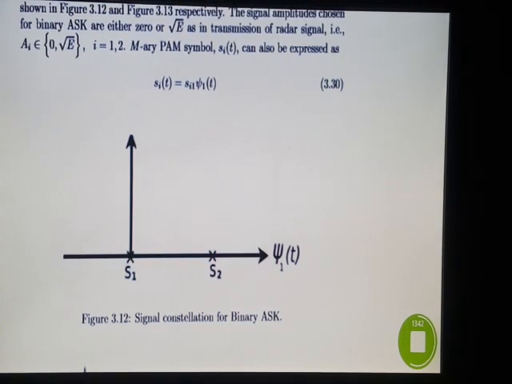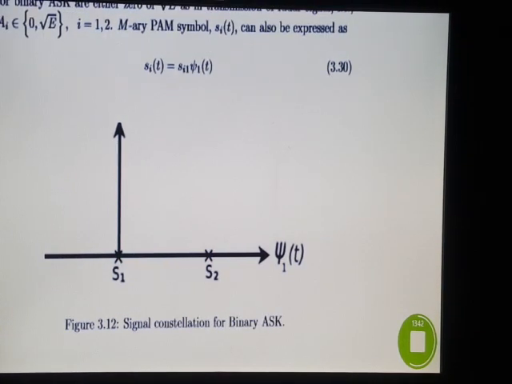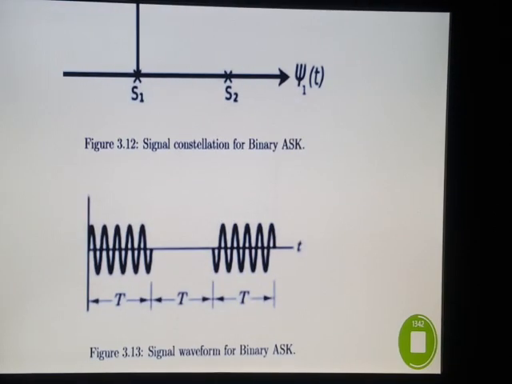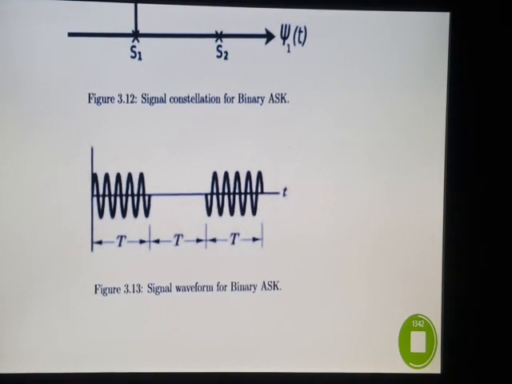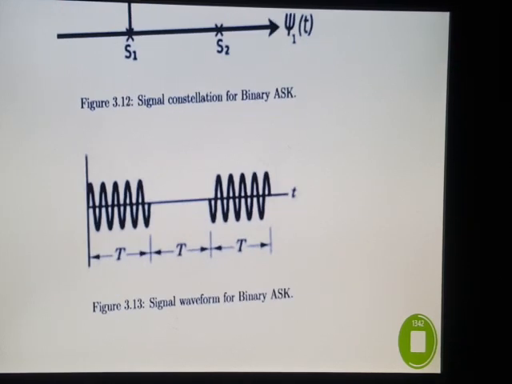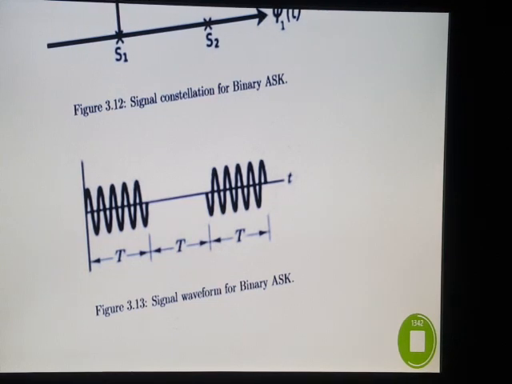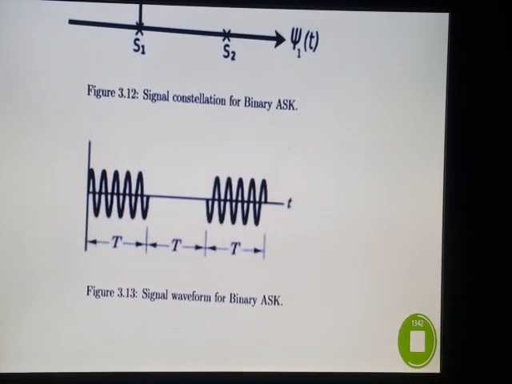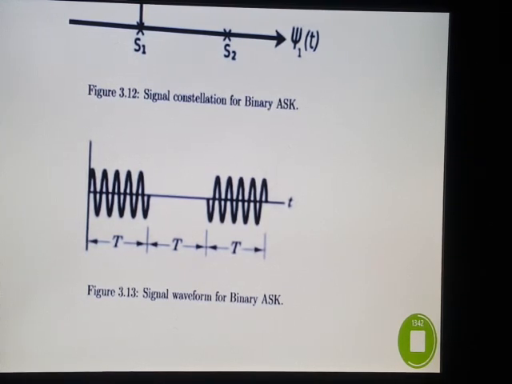This was the constellation diagram, and the signal waveform for M equal to 2 can be observed here in figure 3.13. Figure 3.13 gives you the signal waveform for binary amplitude shift keying, also known as on-off keying. When you have a signal for some time interval, you are transmitting some energy, and then you have no signal for the next interval.